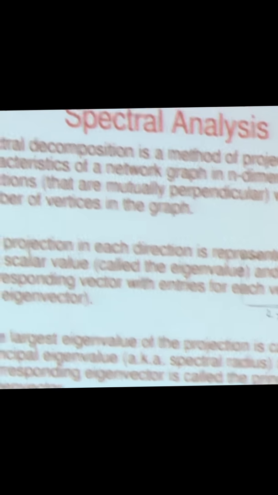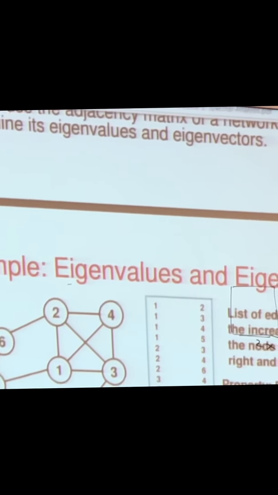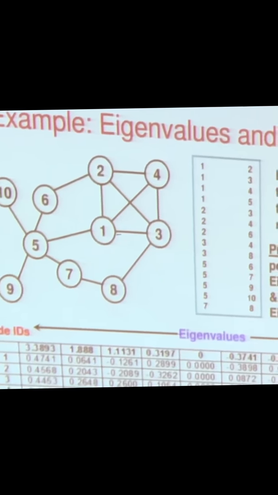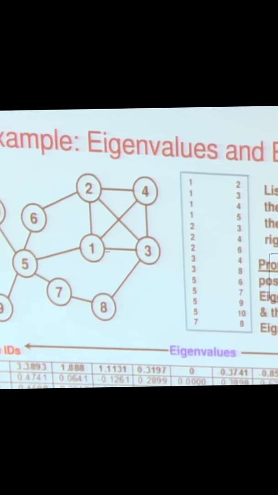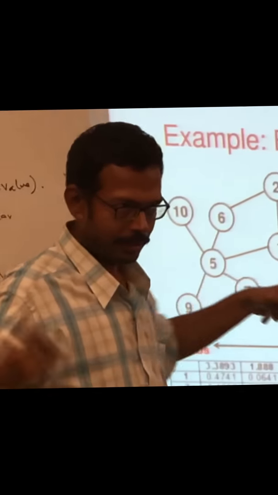So what we are interested in basically is, given a graph like this, we could use its adjacency matrix, because the matrix here really corresponds to the adjacency matrix for us. So we can write the adjacency matrix for any graph and run it through this program, and it will give you the eigenvalues and the eigenvectors.